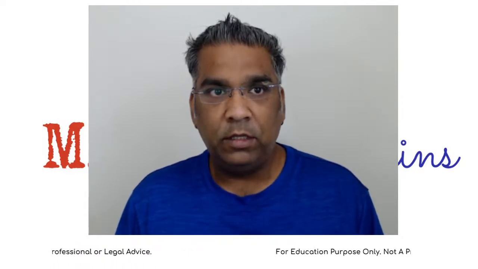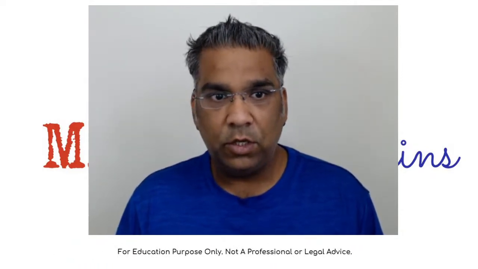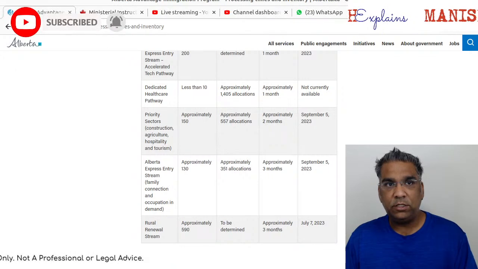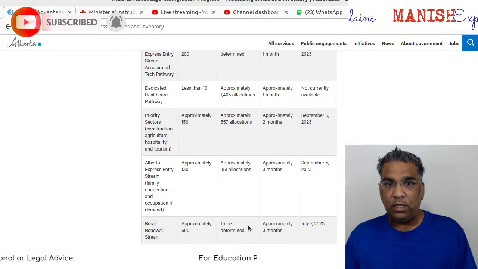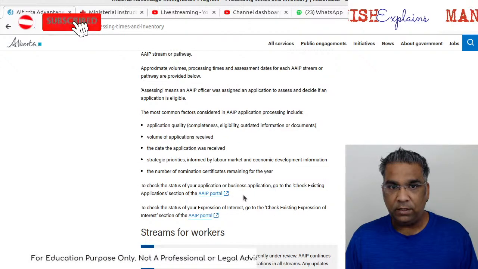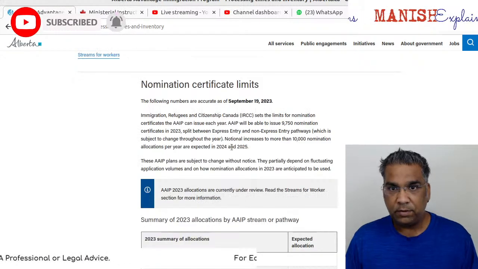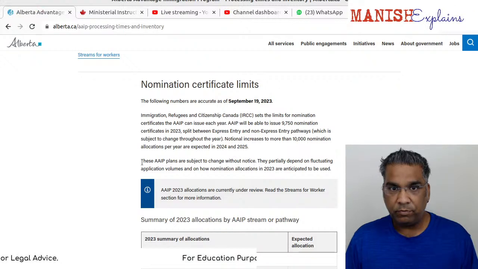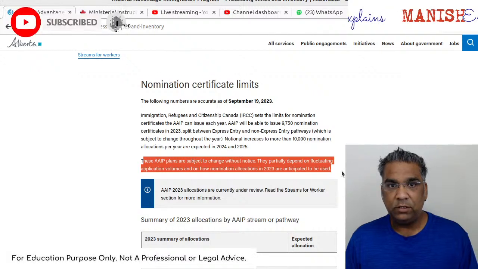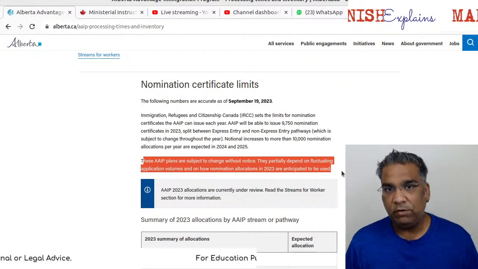Okay. So I think we can go back to the discussion on the AIP volume. This is the discussion on the AIP volume right now. Here is where I was trying to say that if you see a line here, the allocations done by AIP or the province are a starting point.